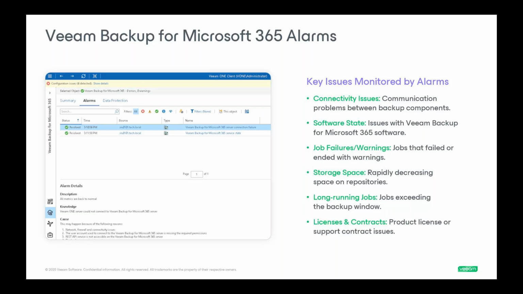And then we're also looking at the product licensing. So in this particular alarm, server connection failure, the Veeam ONE server couldn't respond. We couldn't report against the M365 server, so it could mean networking, it could mean a user account, it could be that a service isn't running. So there are things to look into.